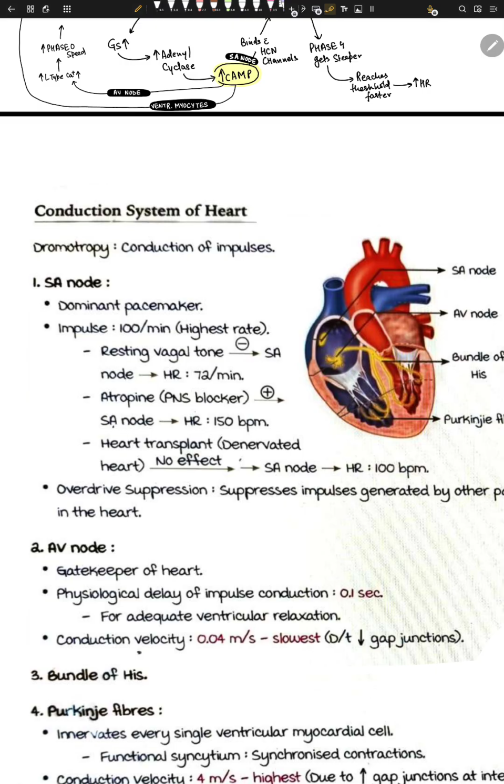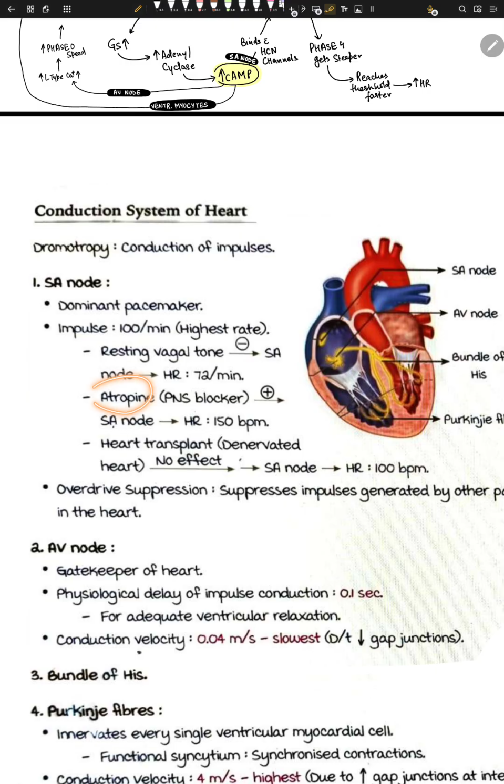This is how the vagal tone acts: it releases acetylcholine on the SA nodal cells and depresses the cell by removing a lot of potassium out of it. That's why your resting heart rate drops from 100 to 70 to 75 BPM. So the SA node is constantly held back by a leash of vagal tone. I hope this makes sense.